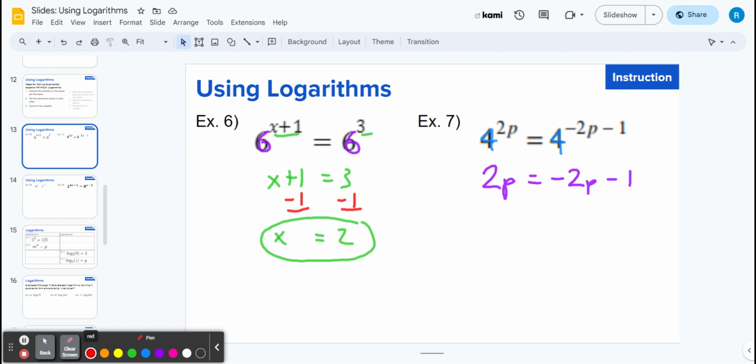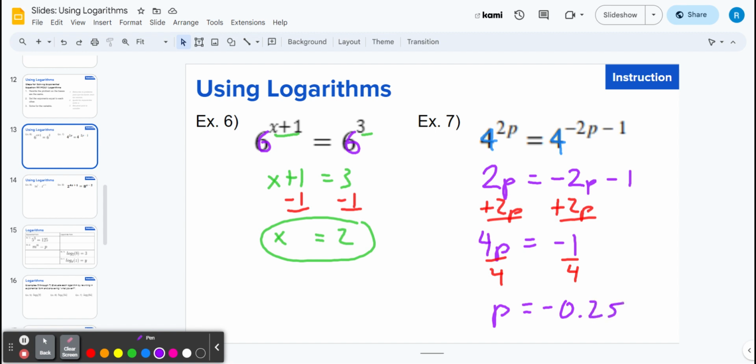Even if we don't perfect it, we're going to combine like terms by adding 2p to both sides. So we get 4p equals negative 1. And then we can divide by 4 on both sides, and we'll get a value of p equals negative 0.25.